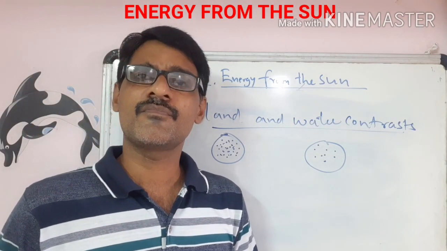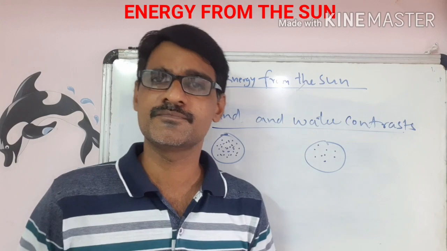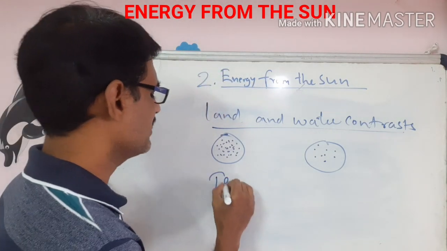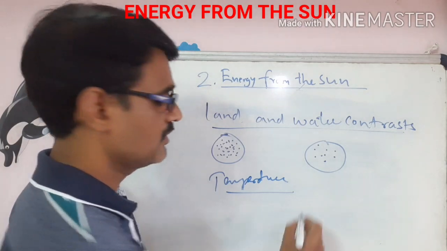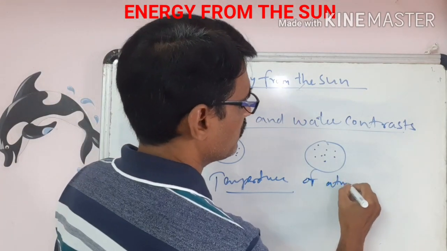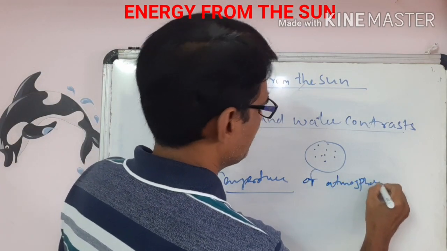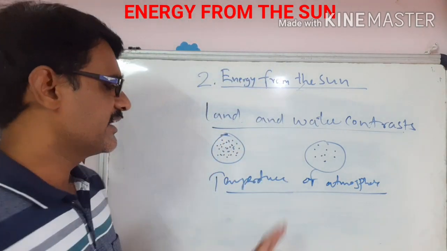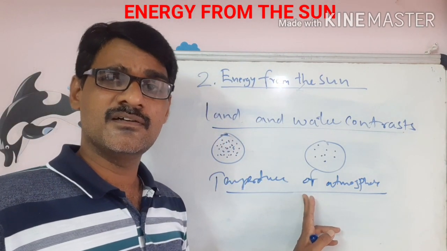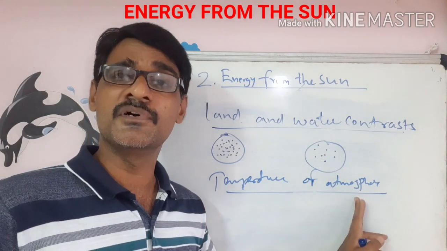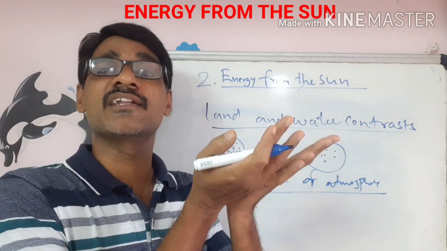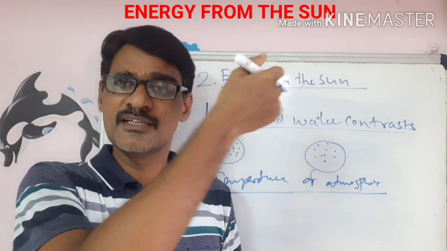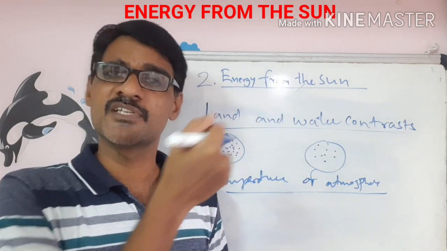Temperature of the atmosphere. Generally, the atmosphere gets heated up only by terrestrial radiation, not by the sun rays directly coming from the sun.